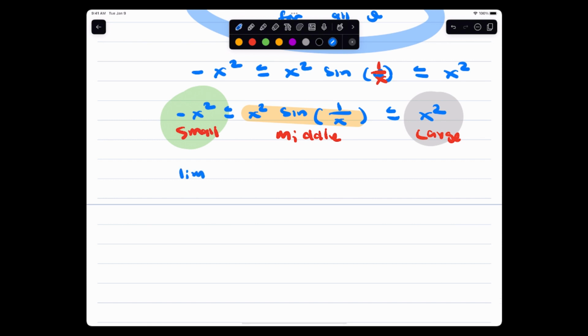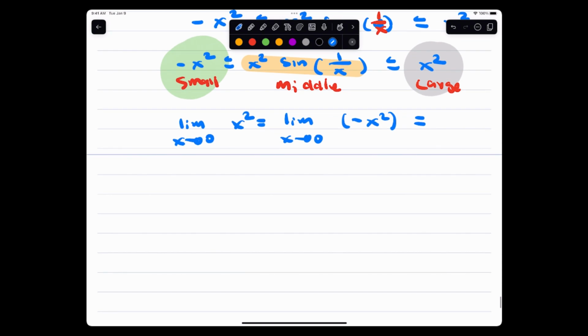So now here's what you know. Isn't it true the limit as x goes to 0 of x squared is equal to the limit as x goes to 0 of negative x squared? And what do they both equal? Let's note by direct sub: this is going to be 0 squared, which is really 0.